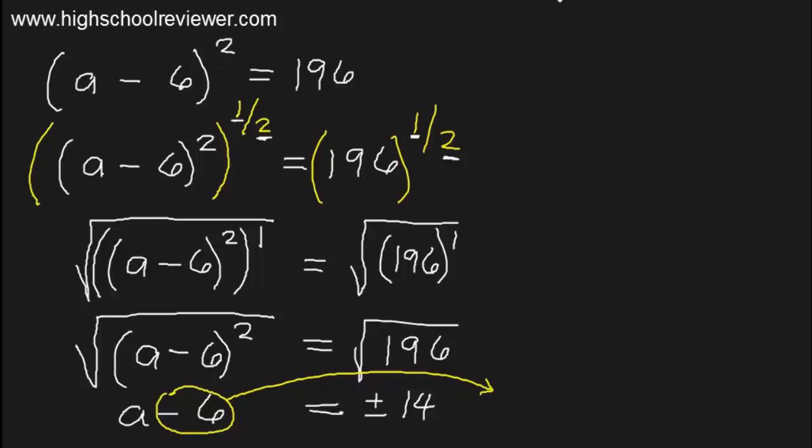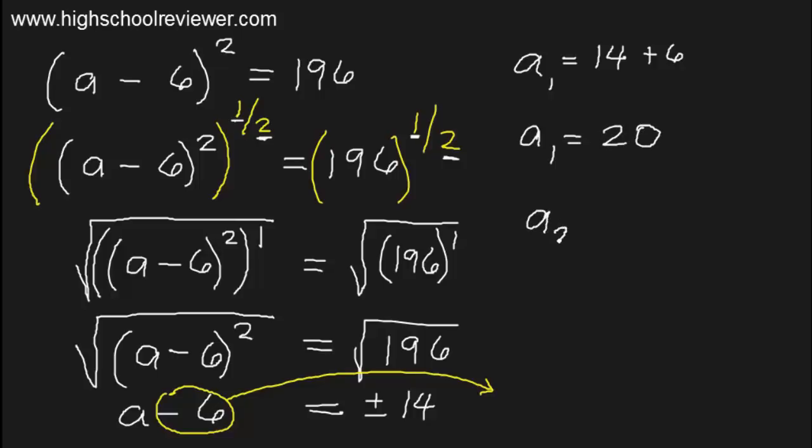So our first value for a will be the positive 14. So we are going to use first positive 14, and if we transpose negative 6, this will be positive 6. So this will be our a sub 1. So our a sub 1 will be positive 20.